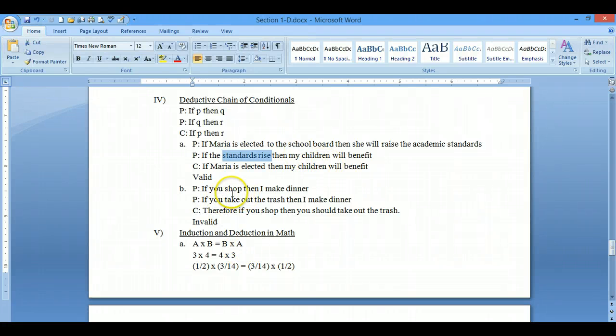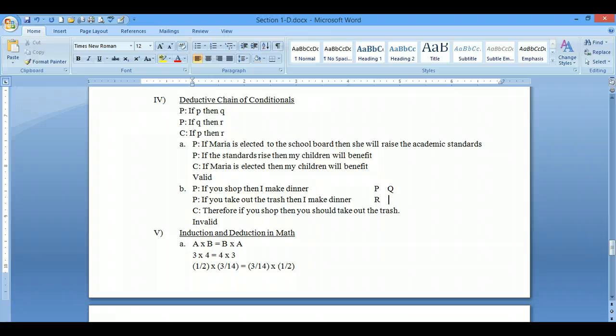Let's go to this. If you shop, so shopping is P. Let's come over here and even just make our little diagram. So this is P, and making dinner will be Q. If P, then Q. Therefore, if you take out the trash, that's a new premise. So let's call that one R. Then I make dinner.